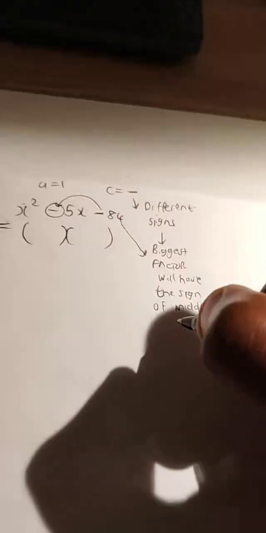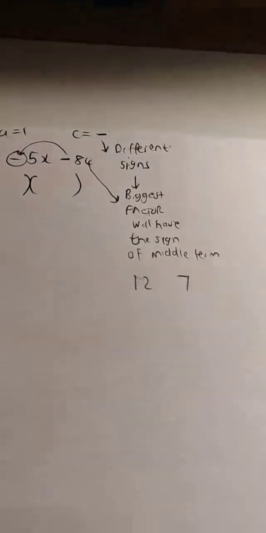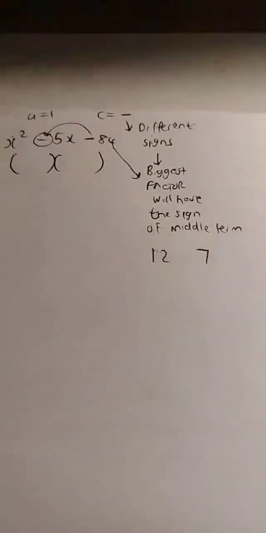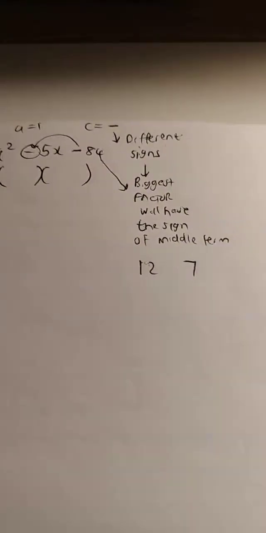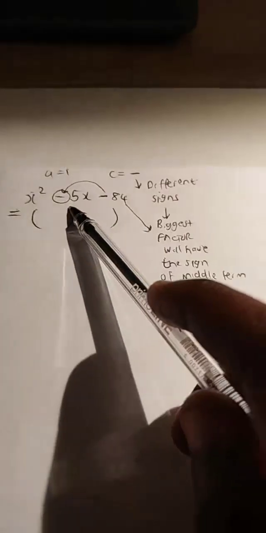Now in the factors of 84 that we have, which one is going to work? 12 and 7. I know that because I know my times table. The biggest factor is going to have a negative, whilst the other one is positive. So negative 12 plus 7 gives us negative 5.